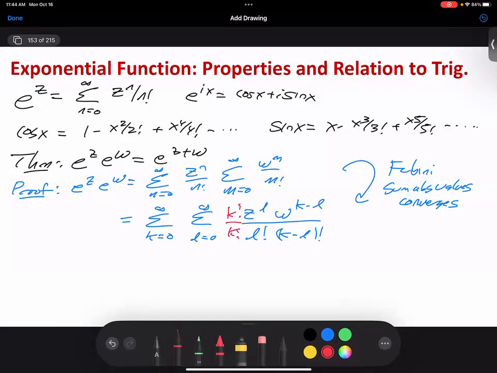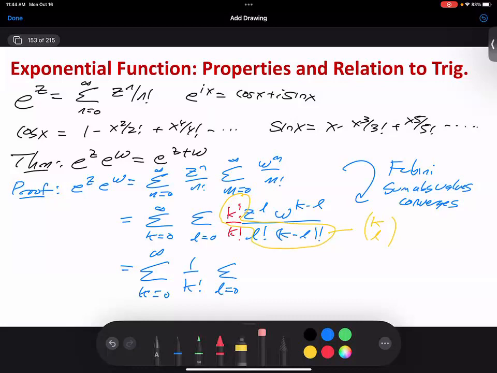And if we do that, what is this piece over here equal to? It's a binomial, k choose L. So this becomes the sum, k goes from 0 to infinity, 1 over k factorial, then a sum, L goes from 0 to, oh, it's not 0 to infinity, this is 0 to k, sorry.